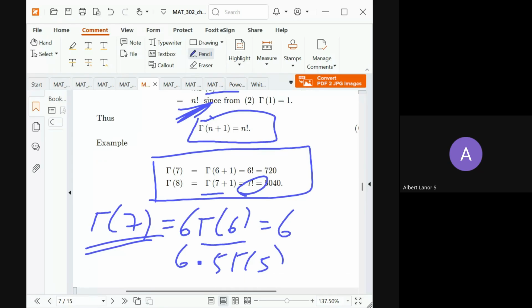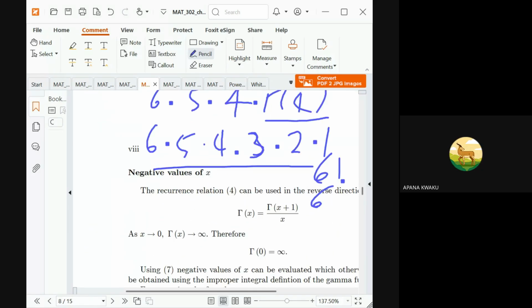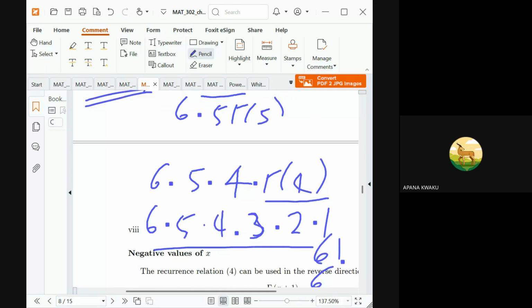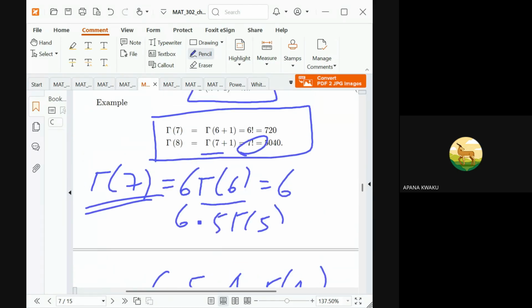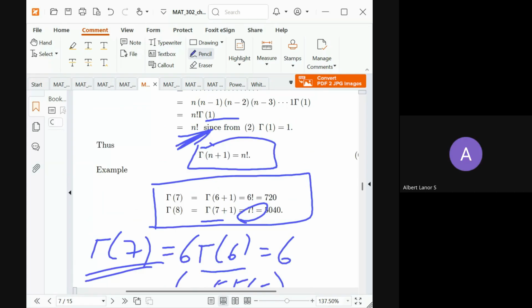Okay, so let us move on. Then gamma of 1 will be 0 factorial, and 0 factorial is 1. That one is on the calculator. It's an important thing you ought to know.